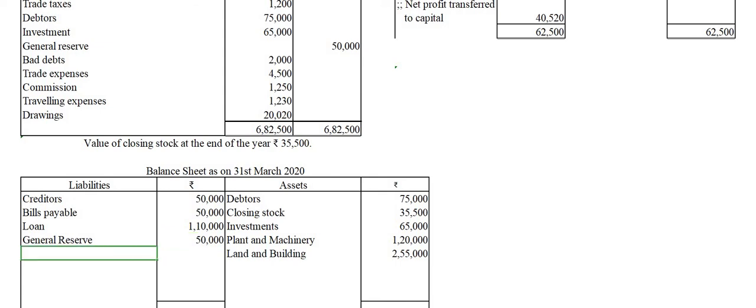Now this is the turn of capital. Capital we have here, drawings and profits. So we can write the capital in the inner column to adjust the profit and drawings. Along with the capital, we can add the profit. Net profit we know, 40,520, that is added, and after addition the total amount can be written down.